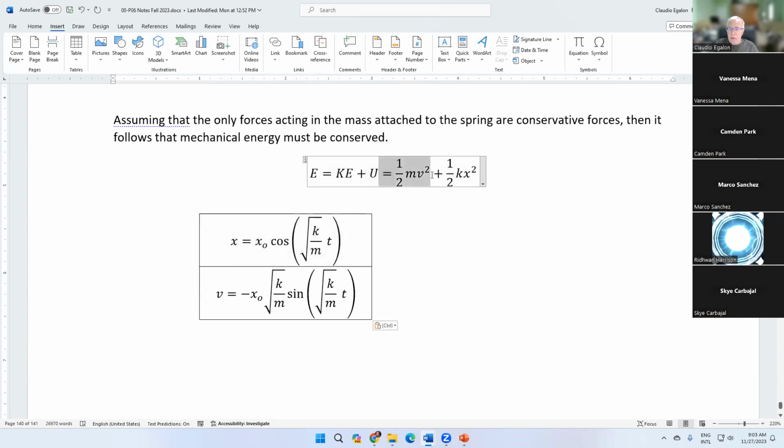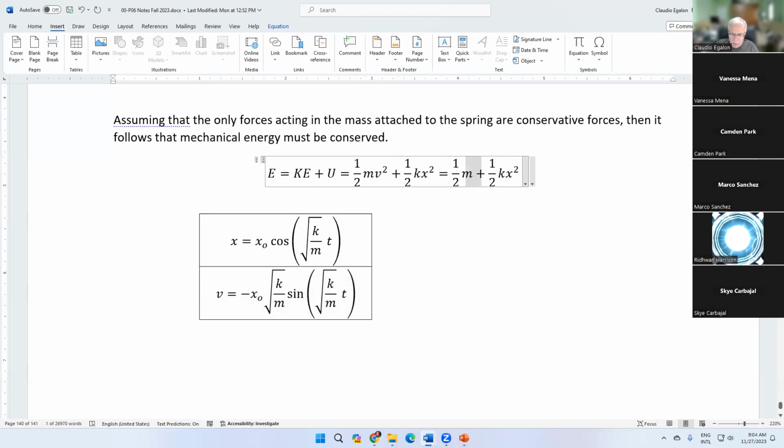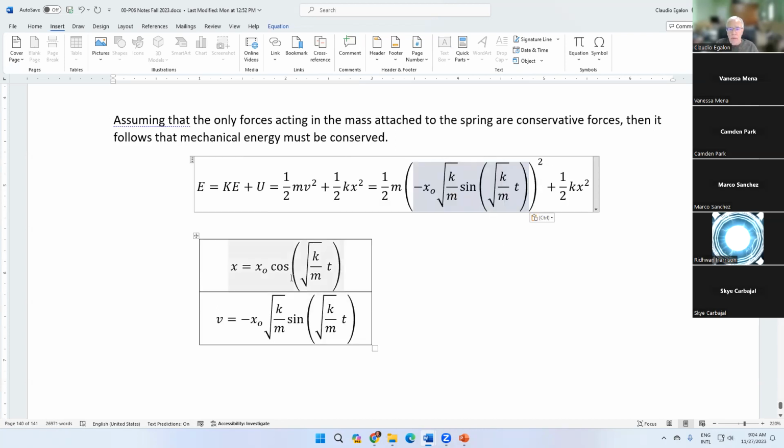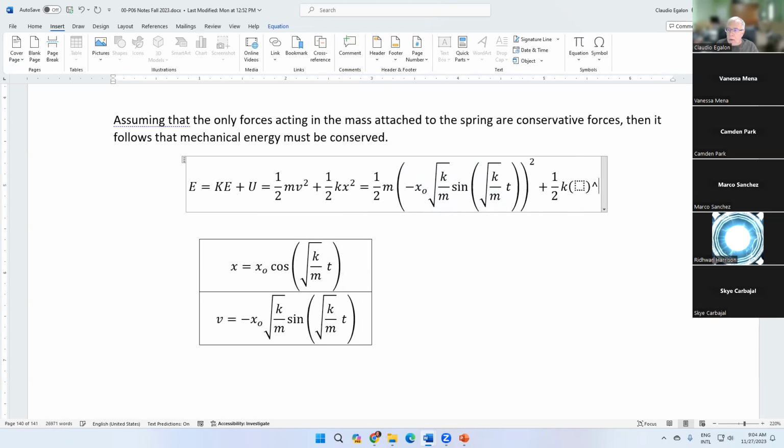X, let's see here. mv square is right in here. x square is right in here.